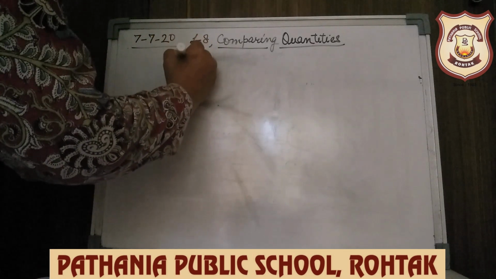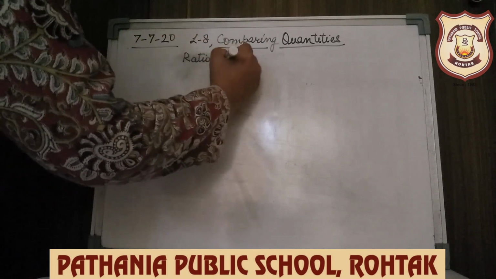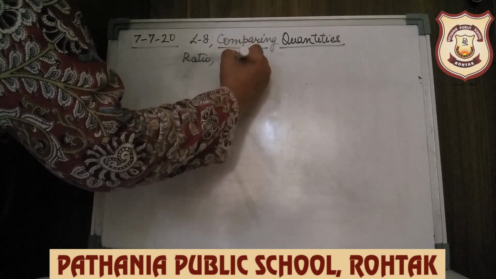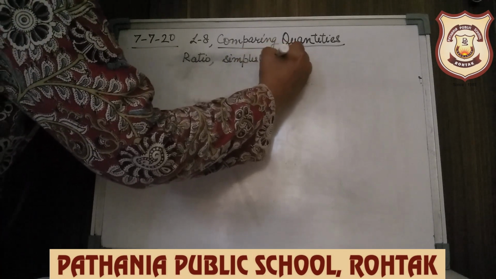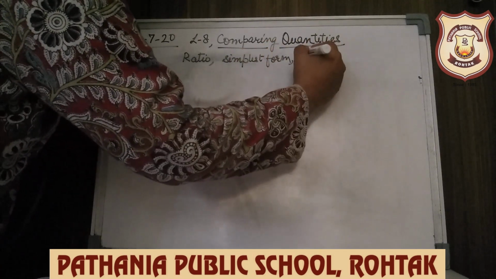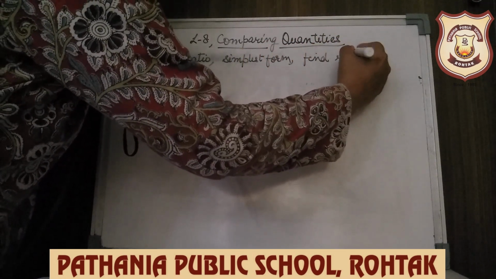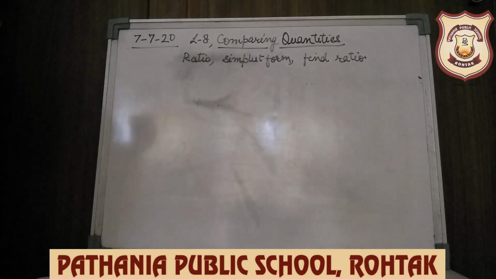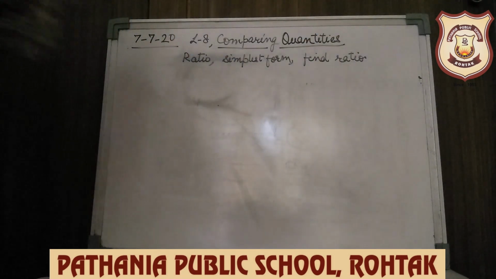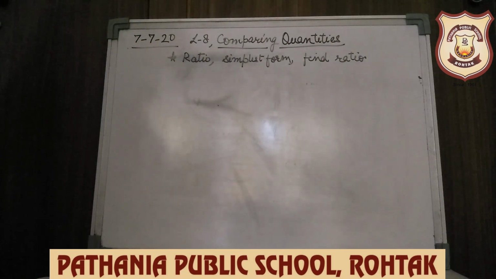We discussed what a ratio is, how to write them in the simplest form, and how to find the ratio between two given quantities. Okay, so these were yesterday's topics.